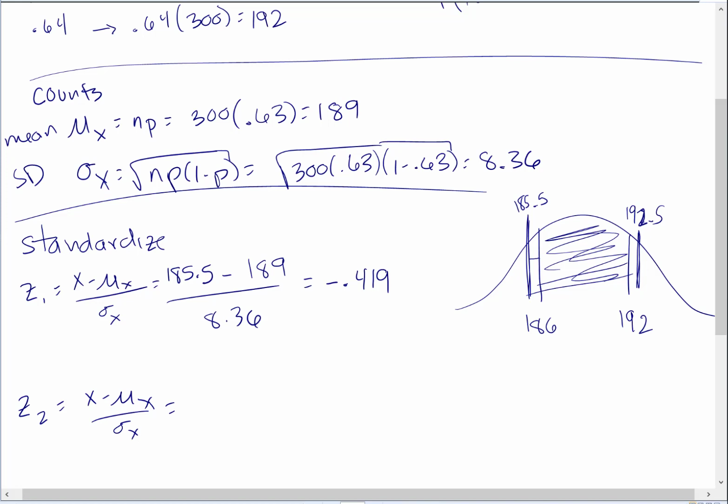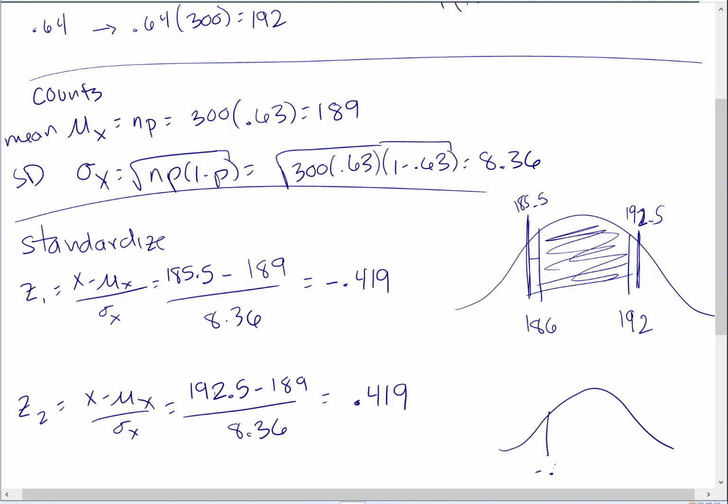So that other x value is 192.5 minus 189 over 8.36, which gives me positive 0.419. Now I finally found my z-values. So negative 0.419 to positive 0.419.